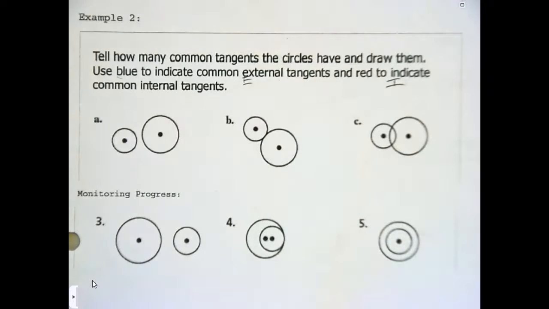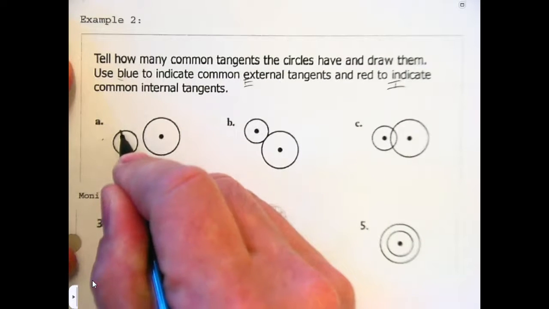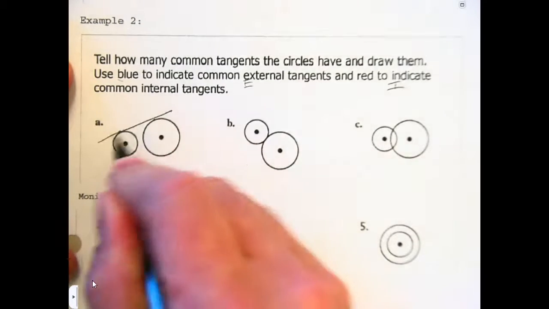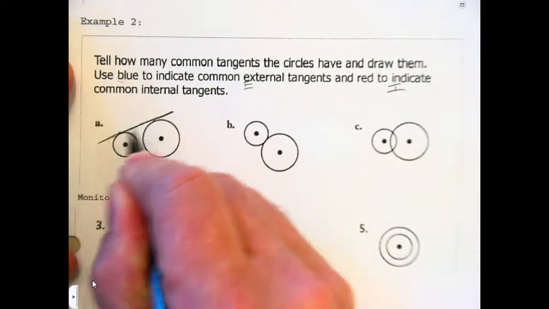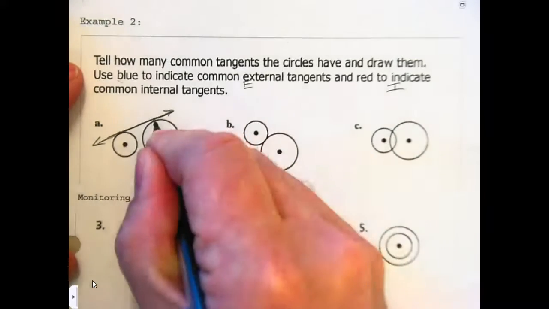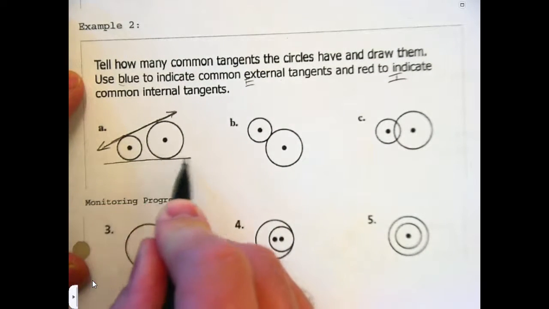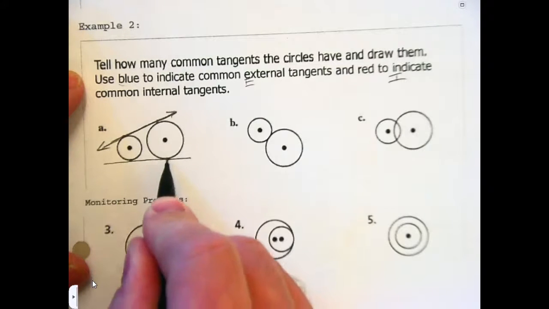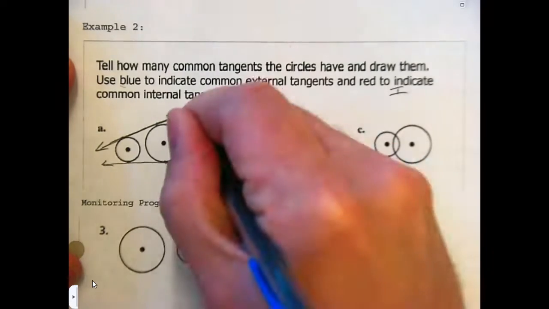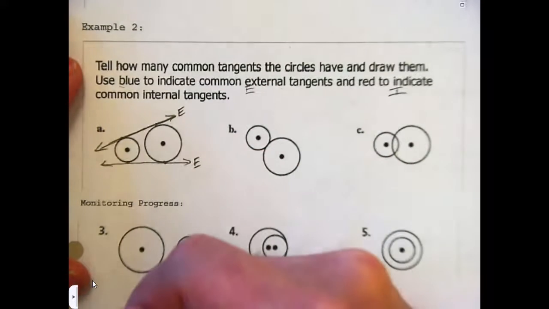These are a bit tougher. If you're doing a tangent, it hits the circle in one point, but both circles there. Okay, so that would be an external tangent right there, assuming it hits right there. There's another external tangent down here. Okay, those are both external. Are there any internal?